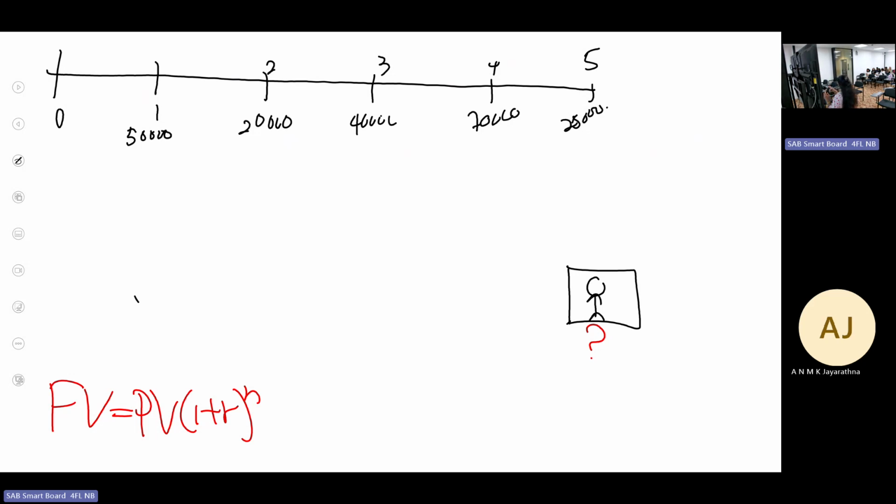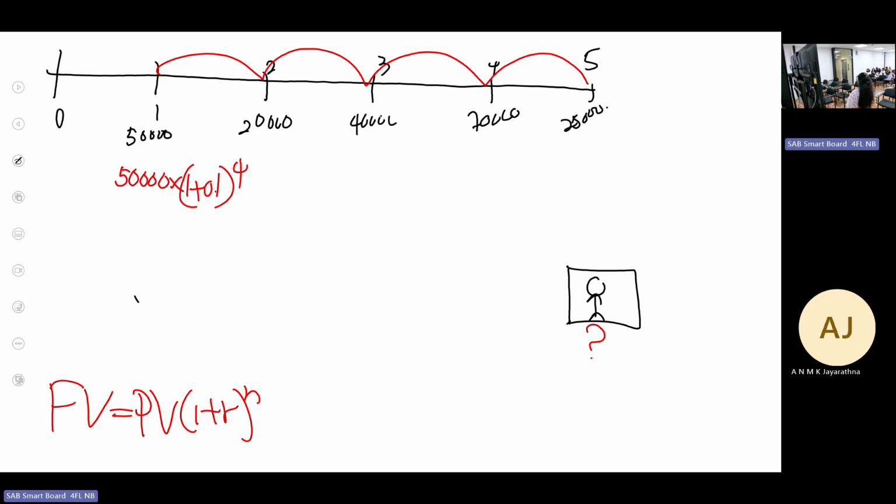So converting these values into the future context, we'll convert 50,000 multiplied by 1 plus r, which is 0.1, to the power how many years? 1, 2, 3, 4, or 5? Very good. That is 1, 2, 3, 4 times.